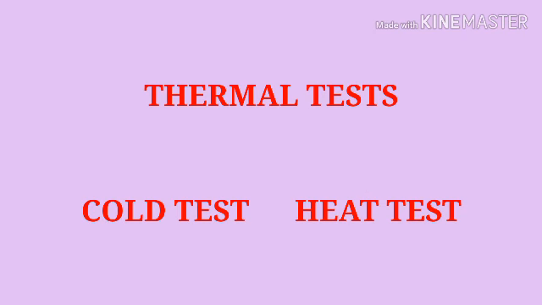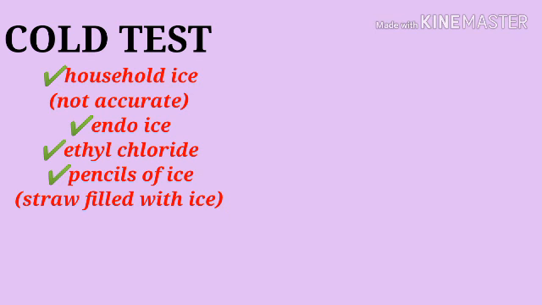Coming to thermal testing, which involves the application of either hot or cold stimuli to the tooth, it is the most commonly used test. A number of products are available for cold testing, each with varying melting points. Although household ice is cheap and easy to obtain, it's not as accurate as colder products.